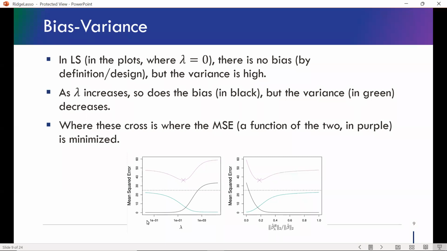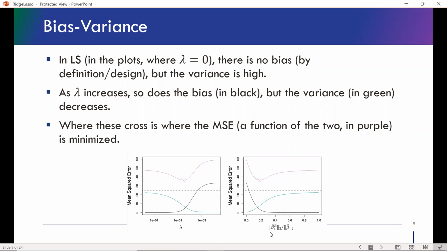When lambda increases, the bias increases and the variance decreases. When these two cross, that's where we have the lowest mean squared error. This purple line is the mean squared error, and when the two are equal, like here, the mean squared error is minimized.